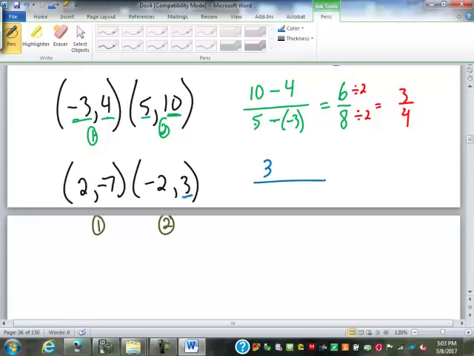The 3, good. It's y2, so that's the second point, y coordinate, that is the 3. Minus, what goes next? The negative 7. It's y1, so it's point 1, y coordinate, it'll be a negative 7. What is 3 minus a negative 7? It's a positive 10, good.